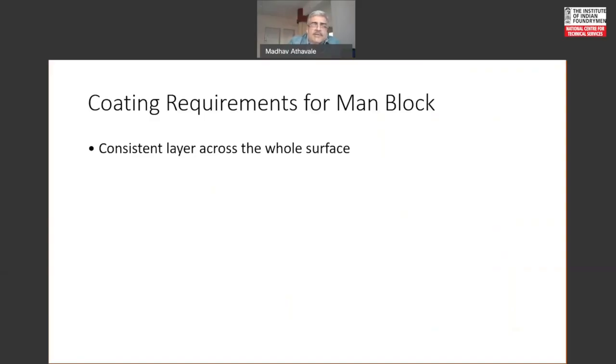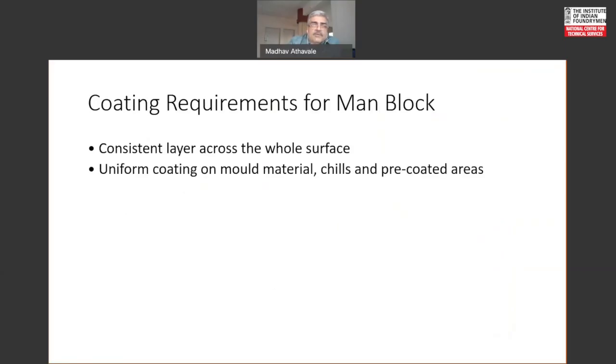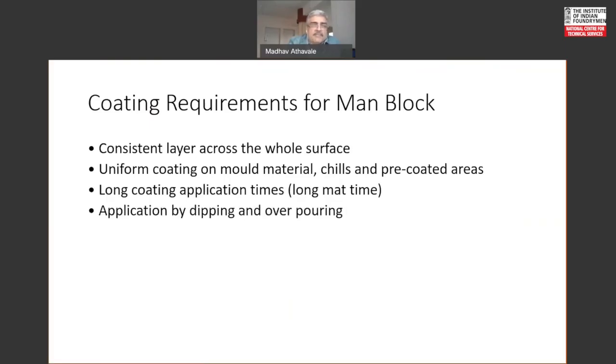One is a consistent coating layer across the whole surface, uniform coating on mold material, chills, and pre-coated areas. There are different types of binder systems being used for cores and molds. Because the cores and molds are so huge, for good leveling they needed a long mat time, the coating freezing time.